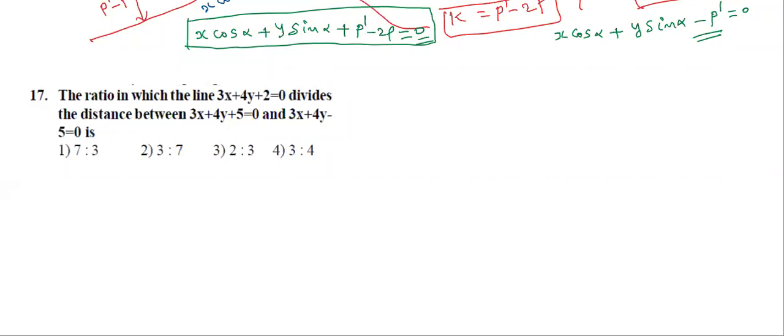The ratio in which the line divides the distance between, here two lines are there. This is one line. This is another line. First line is 3x plus 4y plus 5 is equal to 0.